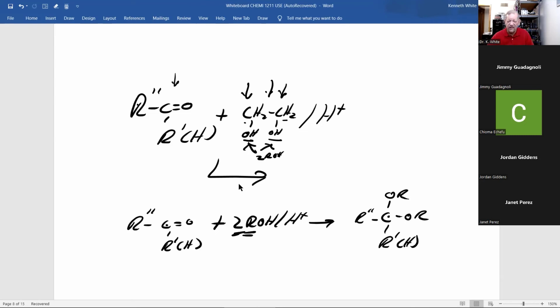Now, in this case, they're connected together. So let's take a look. What's attached to the carbon are R prime and R double prime, and R prime could have been a hydrogen. And then two oxygens. But now what's R? This.